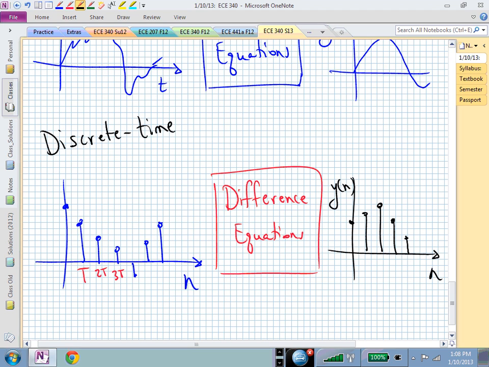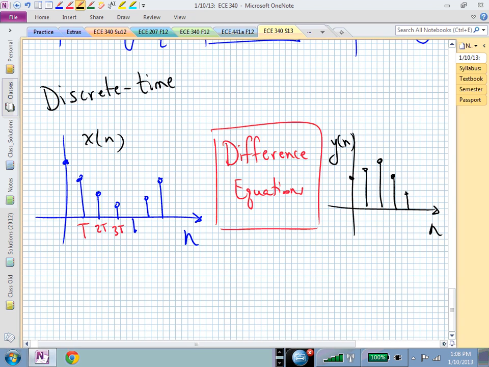Up to this point, I've just said, oh, we have an input, x of n. We process that with some differential or some difference equations to generate an output, but I didn't say anything much about this difference equation or differential equations. In this class, we are going to be needing to work with linear systems.